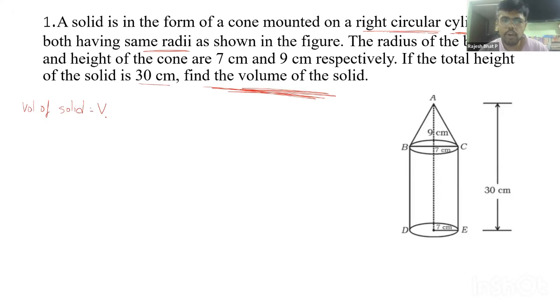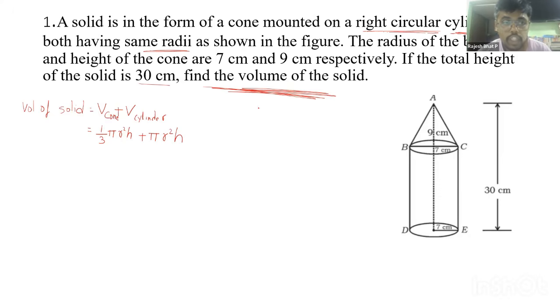It is the volume of cone plus the volume of cylinder. What is the volume of cone? The formula is 1/3 pi r square h. What is the volume of cylinder? Pi r square h.